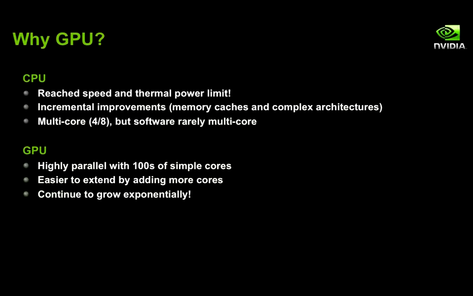However, they've reached a point where they've reached their speed and thermal power limits, and at this point most of the improvements in the CPUs have been mostly incremental in memory caches or in small complex changes to the architecture.